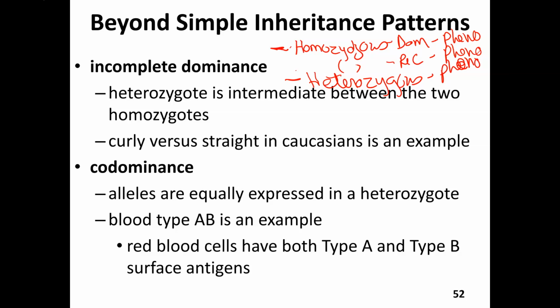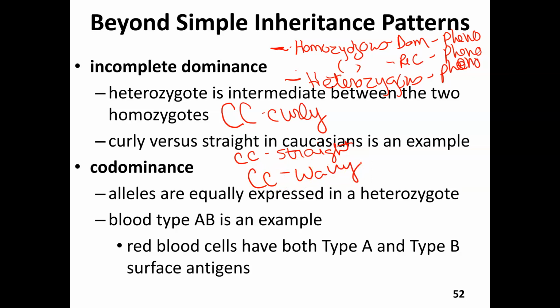So if you have curly hair, and I'll just use a big C for curly, that looks very different from the little c in straight hair. But some individuals have a big C, little c, and they have wavy hair. So that's an example of incomplete dominance.